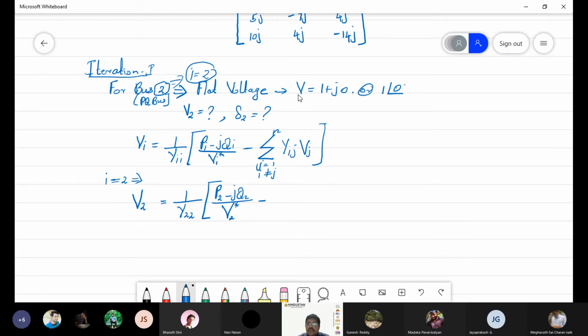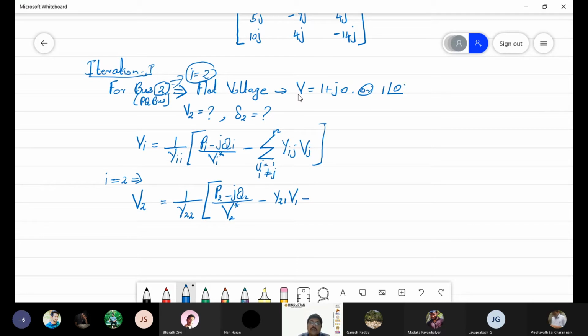Minus, now we are going to expand this one. Here i is equal to 2, j is equal to 1 to 3. How will it come then? That is equal to Y2j, that is 2, and j is equal to 1, V1, right?